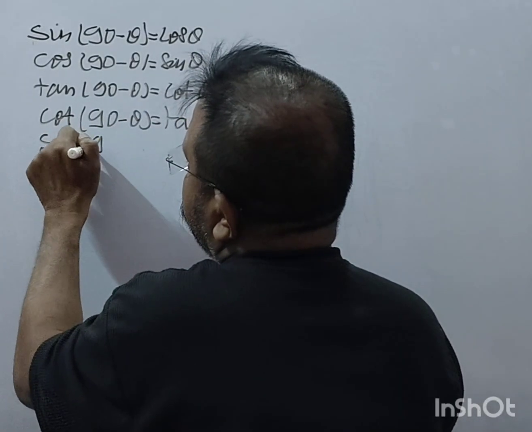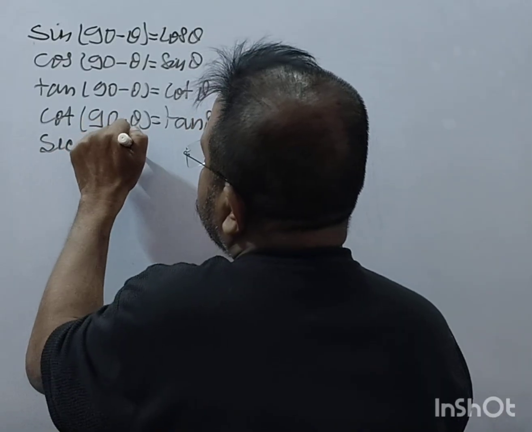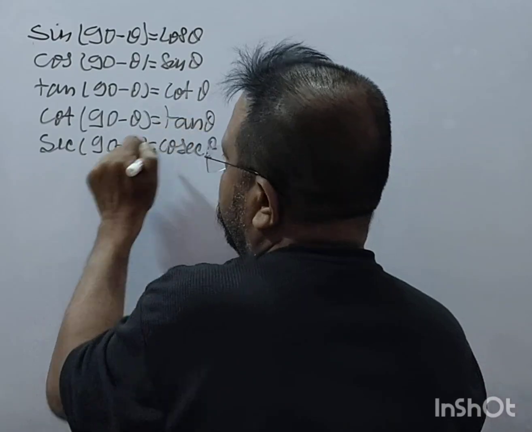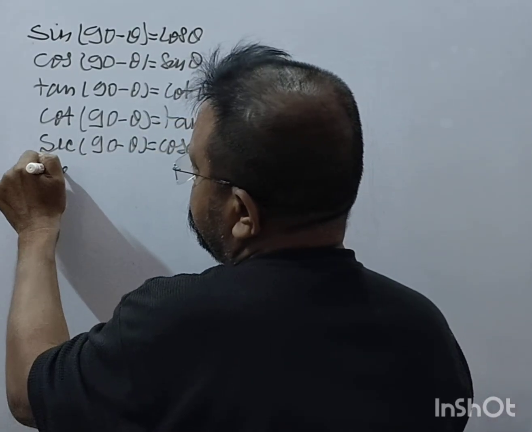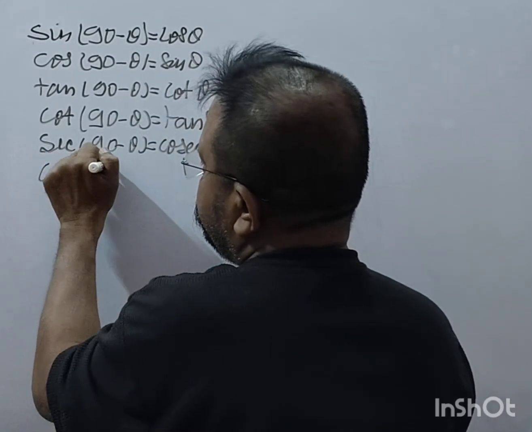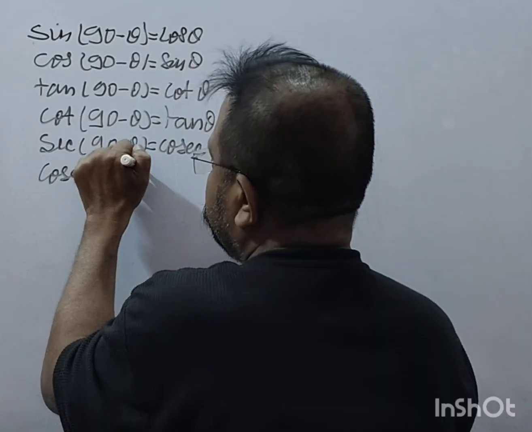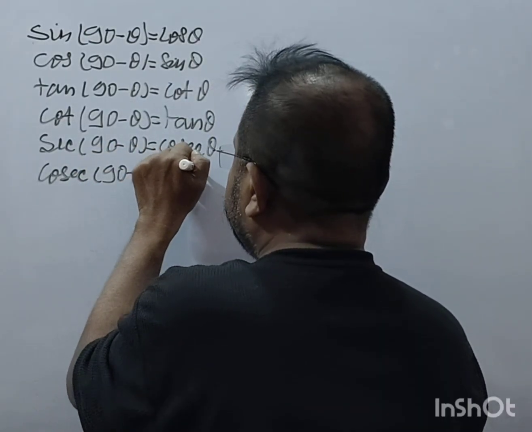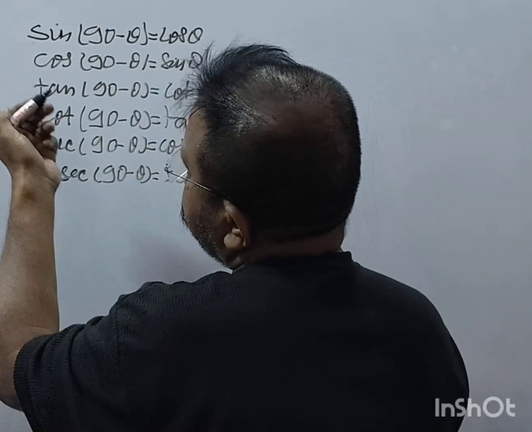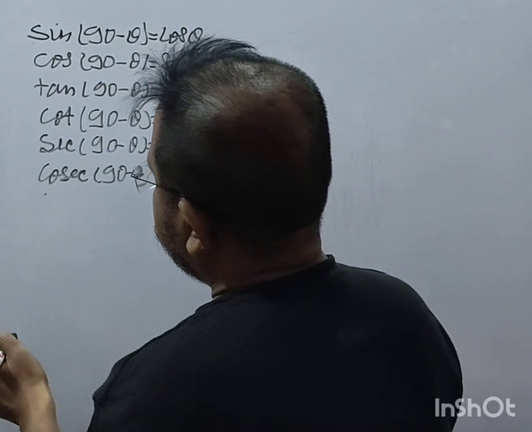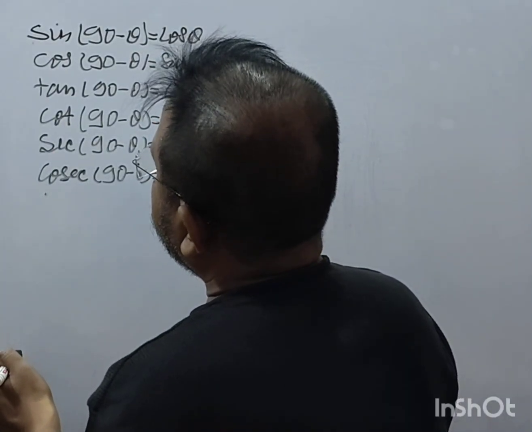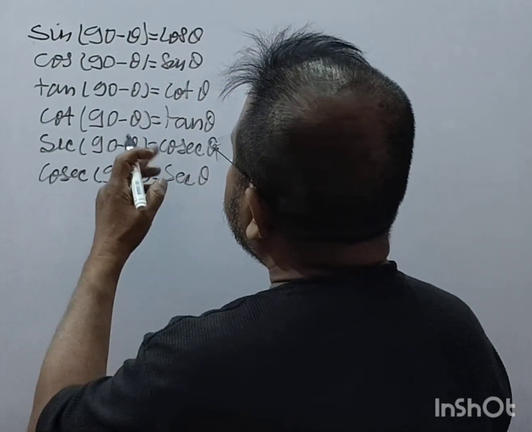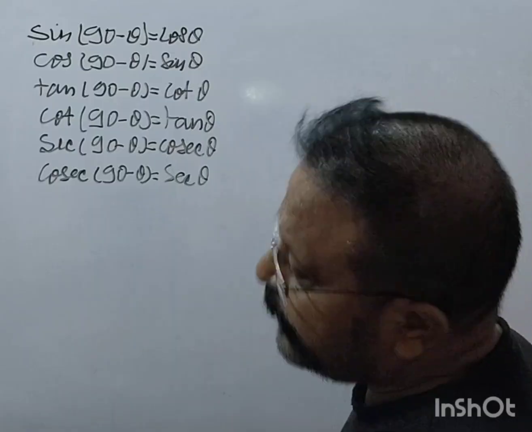Sec 90 minus theta is equal to cosec theta, and cosec 90 minus theta is equal to sec theta, and that's it. Sec, cosec, cot, tan, cos, sin, 6 are there. That's it. This I told you.